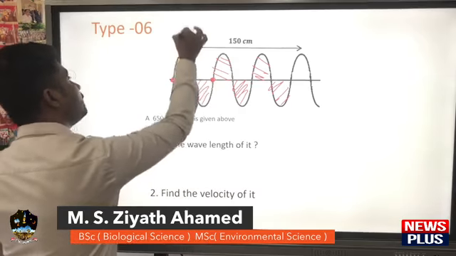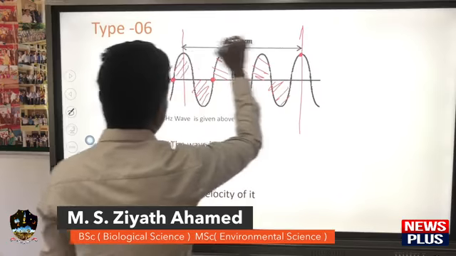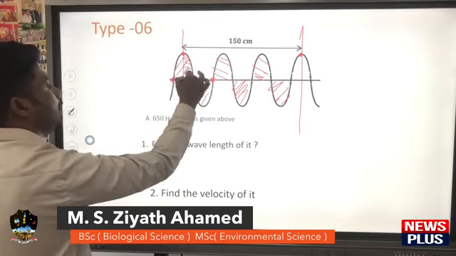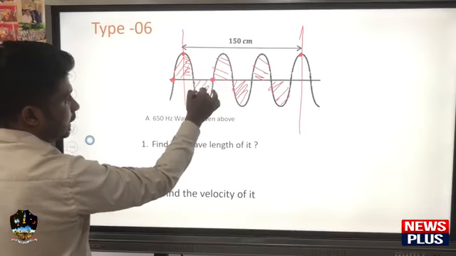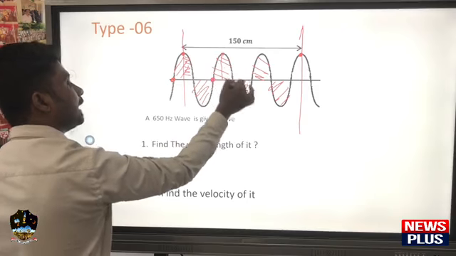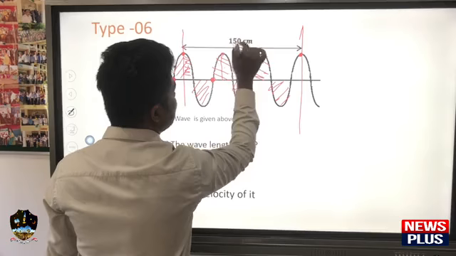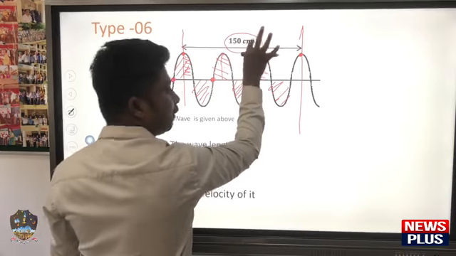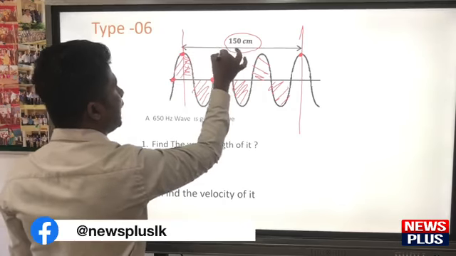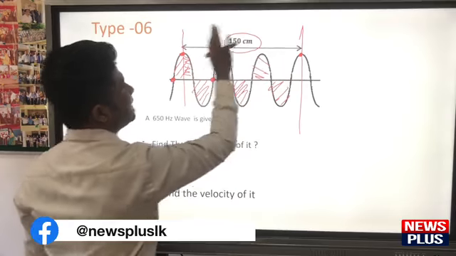The length is given here, from this crest to this crest: quarter, half, three quarter, another quarter makes 1 wave, and here another quarter and half, another quarter. So how many waves here? This length is not the wavelength, as I said earlier. It is not between consecutive points. If it is given like this, this point and this point, that is the wavelength. This is not the wavelength, this is a simple length.